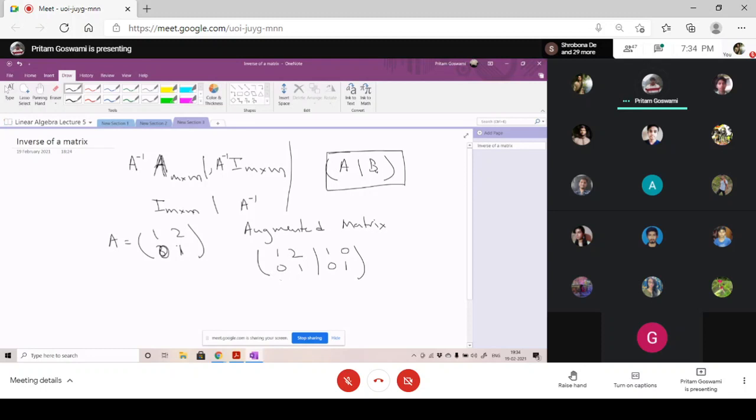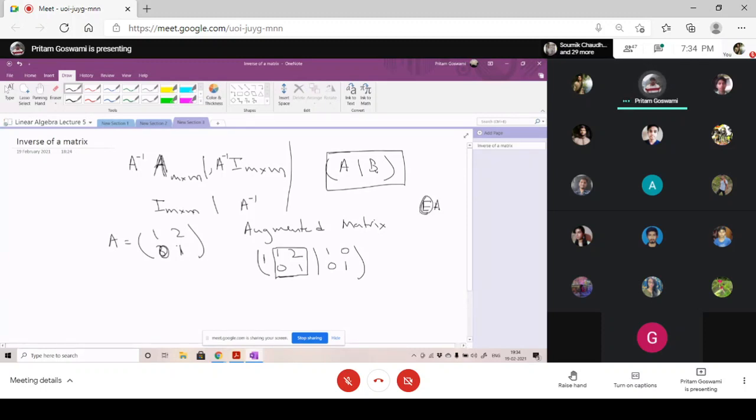Now, by using row operations, you can make this matrix the identity matrix. And if you use the same row operations here, what will you get? Row operation is basically multiplying with an elementary matrix.